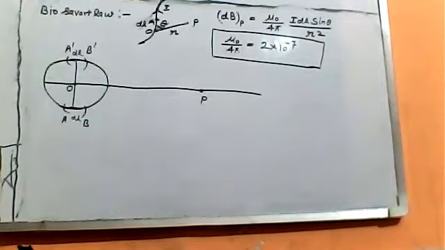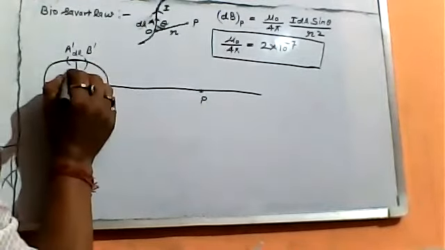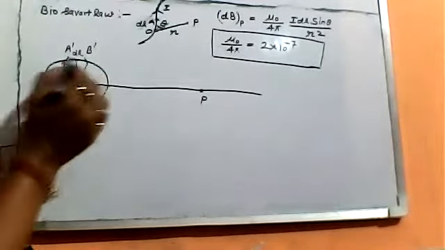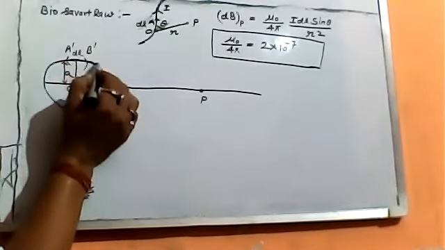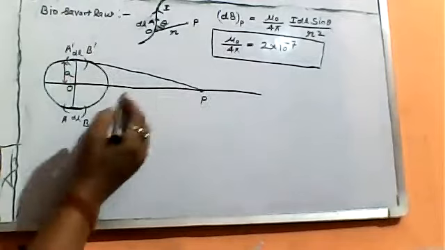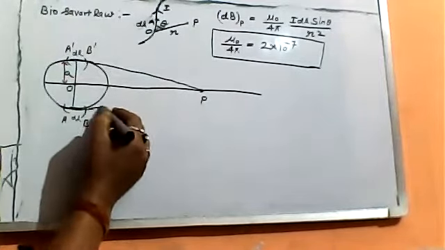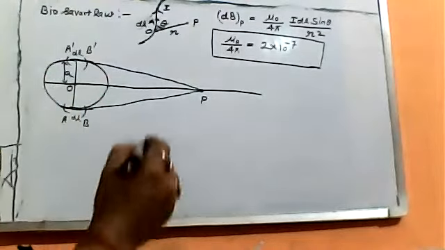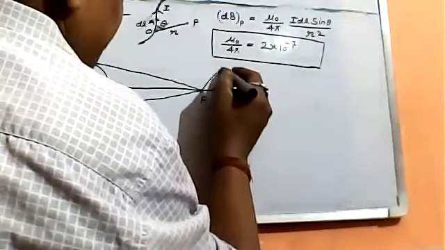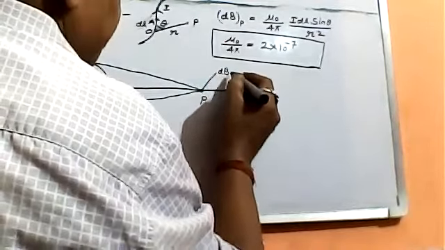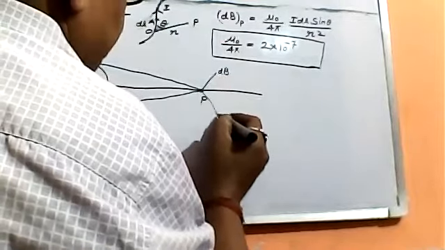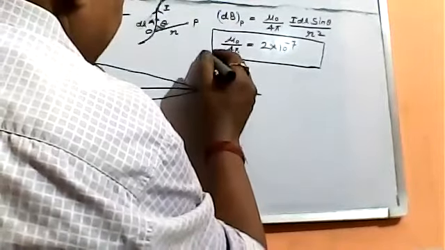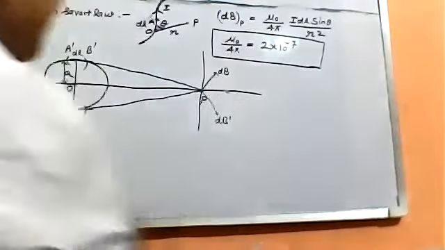Now the radius of the circular coil is a. Join this part with P. Similarly, join this part with P, and you will find dB and dB dash at point P. This perpendicular is drawn.